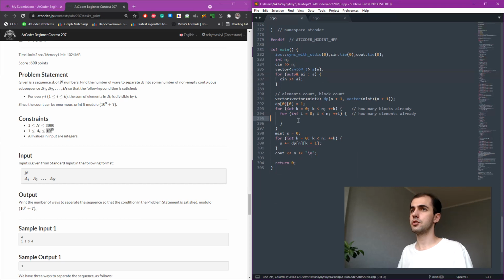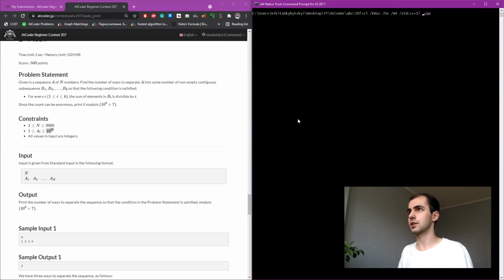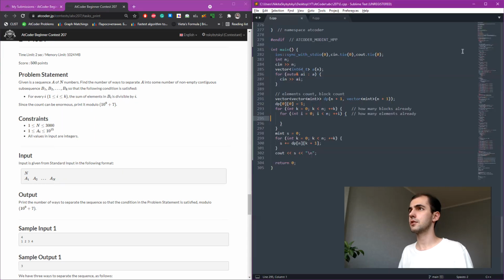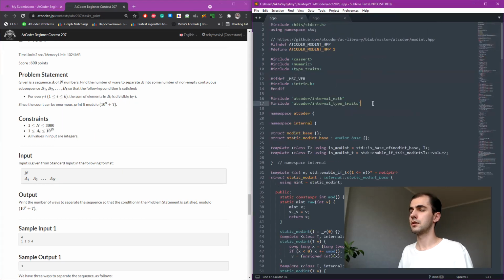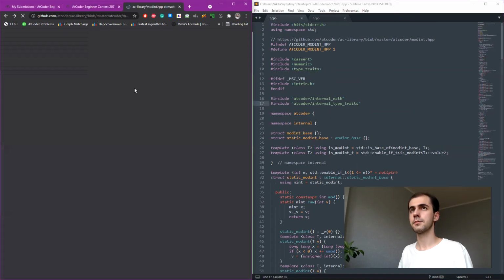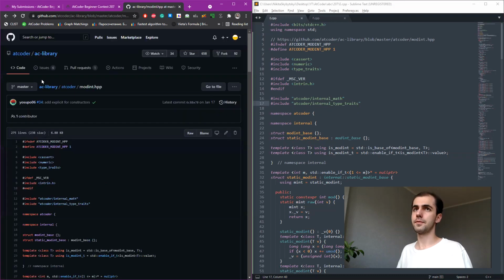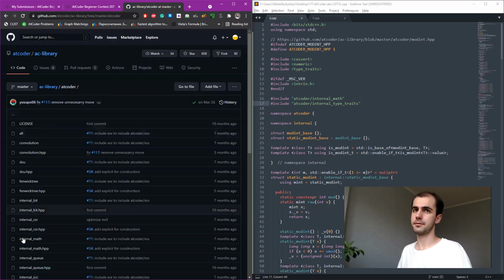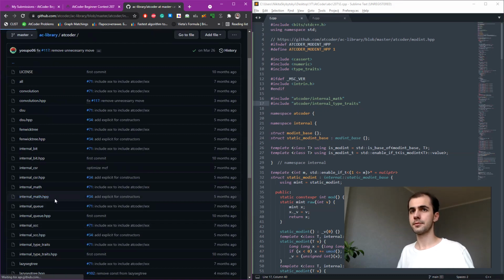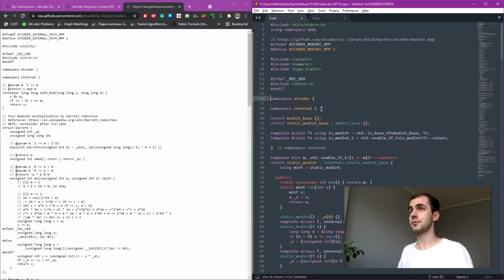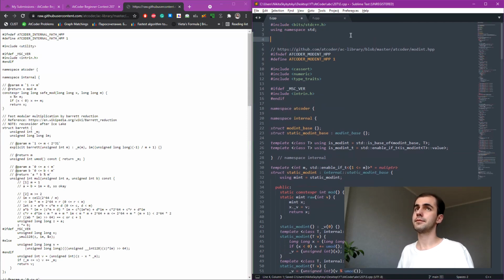Now at the moment it should compile. I just want to quickly check that it compiles. I cannot open file encoder internal math. Not cool. Internal type traits we will also have to include.